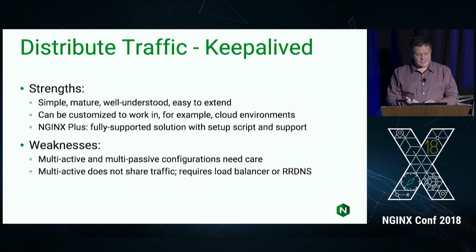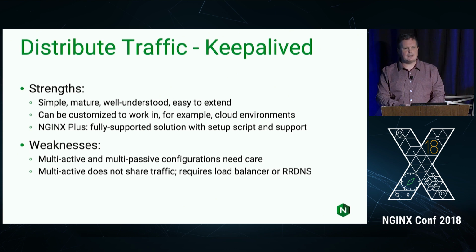The biggest weakness with Keepalived is that it doesn't support multi-active environments particularly well. It's possible to configure Keepalived to manage multiple IP addresses, to have passive instances as well as active instances, 3 or more instances in the cluster, but the configuration gets a bit complex.